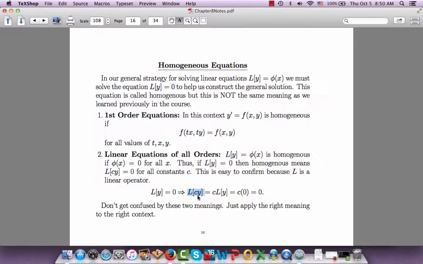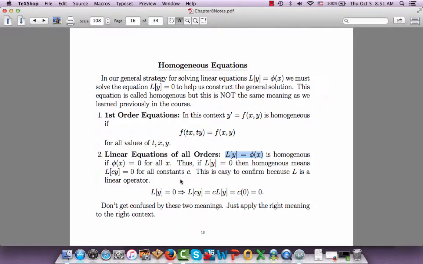But these two senses are not the same concept in terms of differential equations. The first one was for first order equations, which were not necessarily linear. But the second one, we're totally focusing on linear equations. So L of y has to be a linear differential operator. And the right side would have to actually be 0, and that's what we call homogeneous.